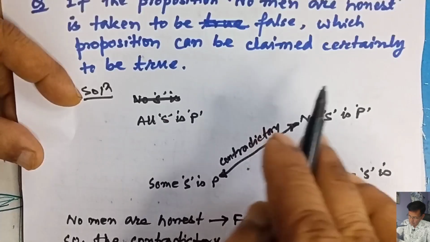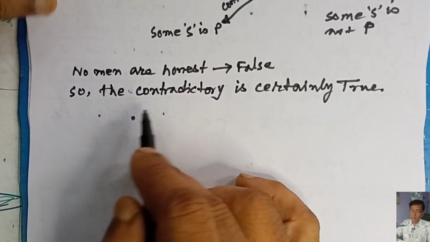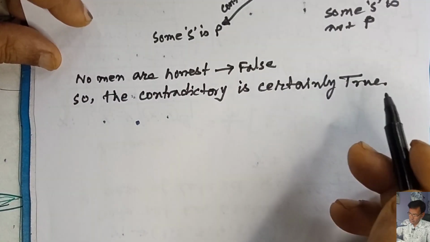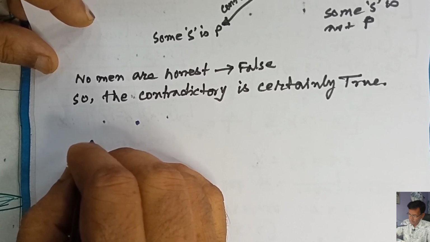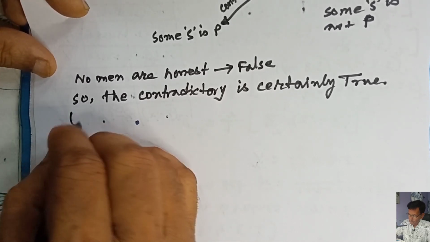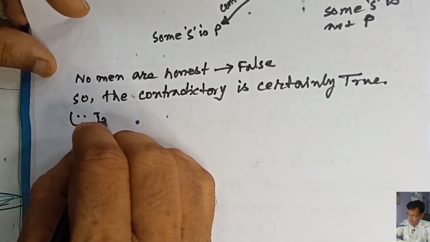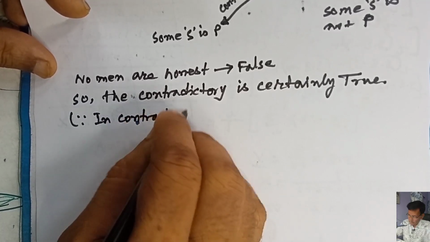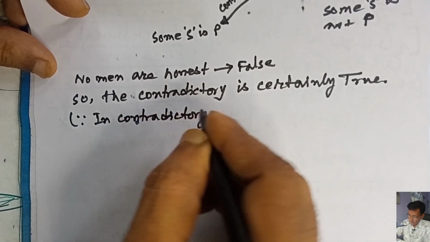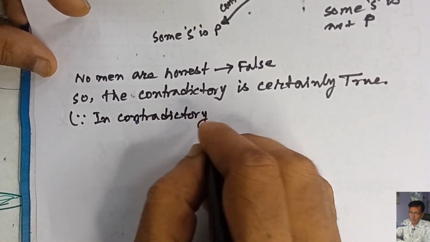Which proposition can be claimed certainly to be true? So the contradictory is certainly true, since in contradictory both cannot be false.